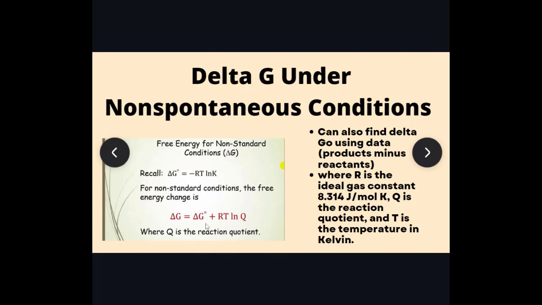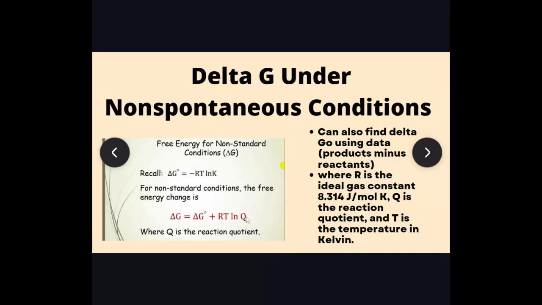Like I mentioned, you can find this using that formula, or you can use the delta H formula, which is delta H minus T delta S, or find it using the given values. Plus RT ln Q, where Q is the reaction quotient.